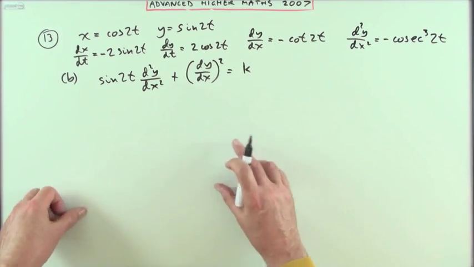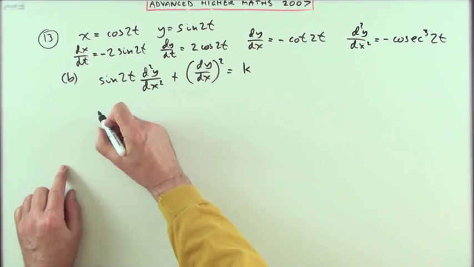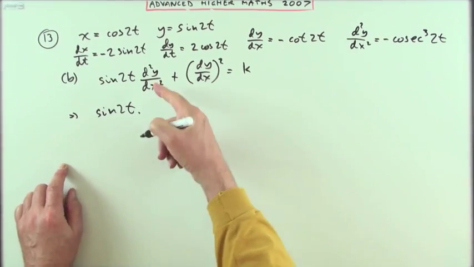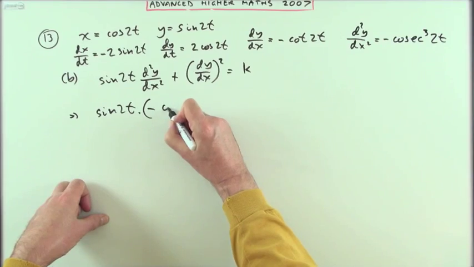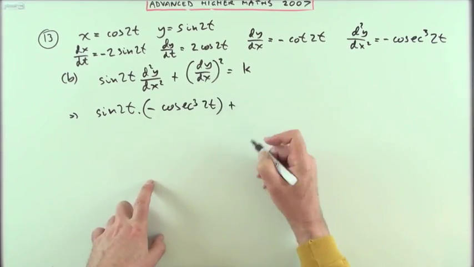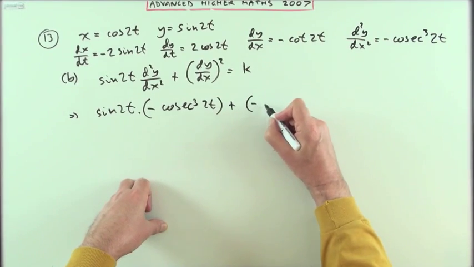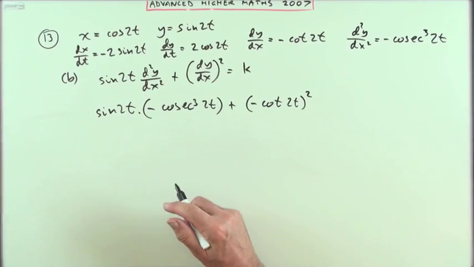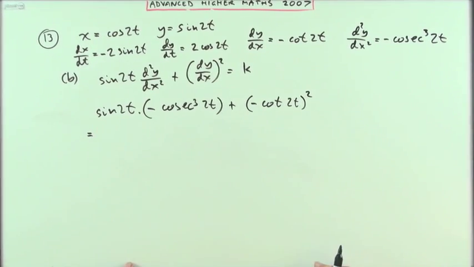I think what I'll do first of all is just keep it with the full range that I have. So what have I got? If I've got sine 2t times the second derivative, which is negative cosec cubed 2t, plus the first derivative, which is cot 2t squared, and then see what that comes to.